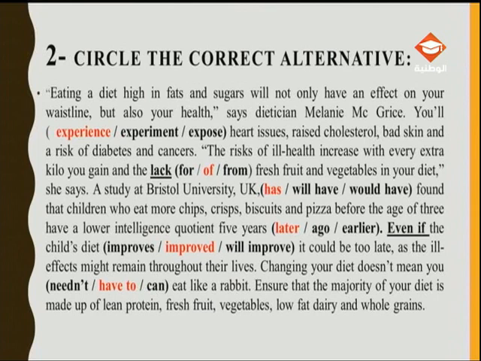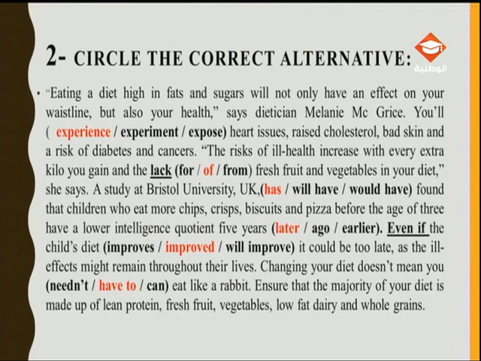Do we use the future in the if clause? Of course not. We cannot say even if it will improve. Therefore, will improve is the 100% wrong answer. Even if the child's diet improves, improves is used in what we call a possible future event.